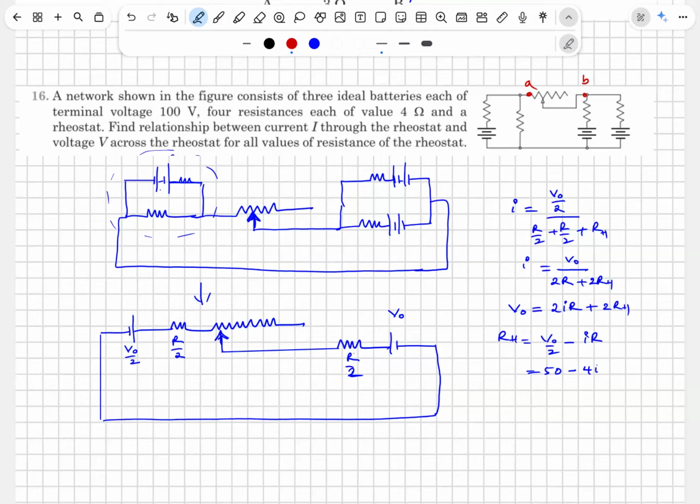What is the potential drop across AB under open conditions? No, what is the Thevenin voltage across AB? Open circuit, when no current flows through this.